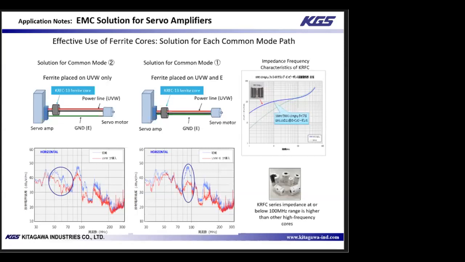And as expected, there's effective suppression around 50 to 65 megahertz, but with little effect along other frequencies. The right graph shows the test results, also in red, when the core was applied over all the lines to filter common mode number 1. This graph shows that it's most effective at 90 megahertz with marginal suppression at other frequencies.